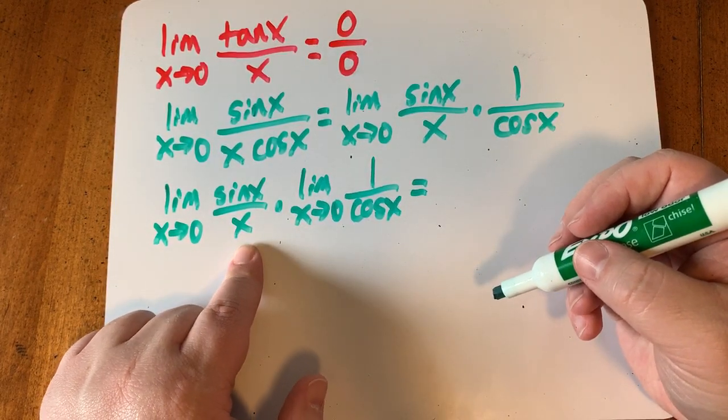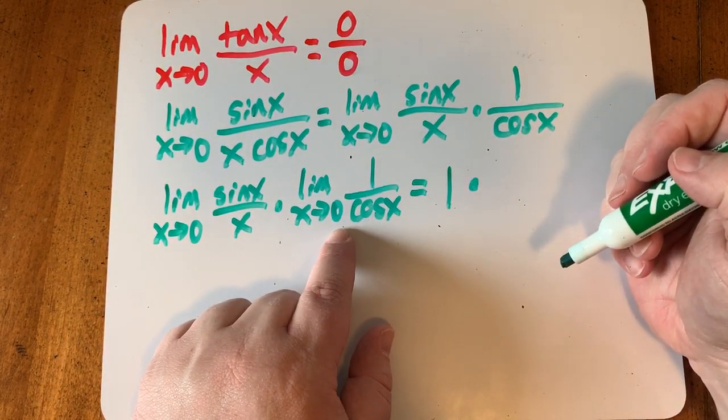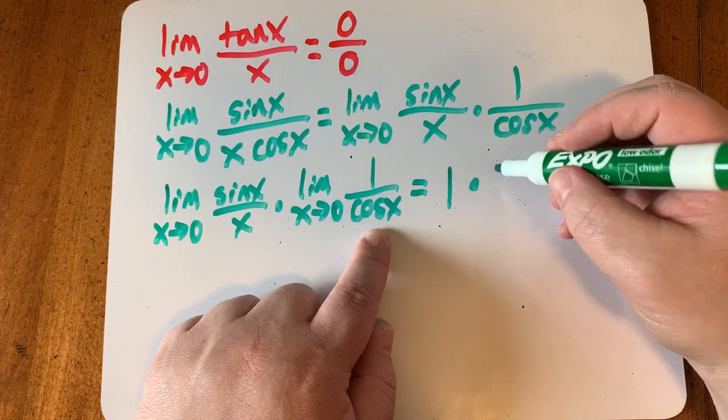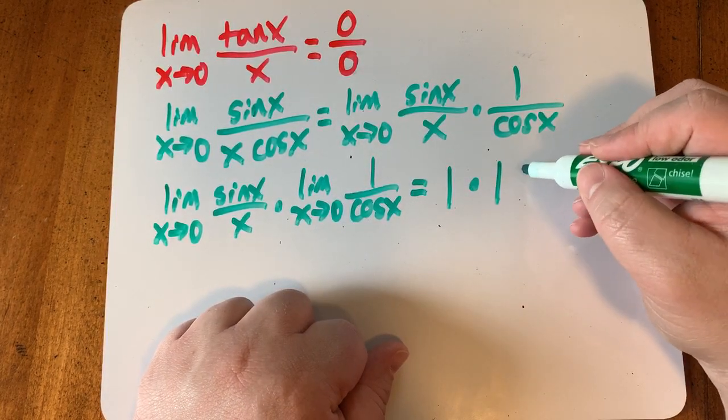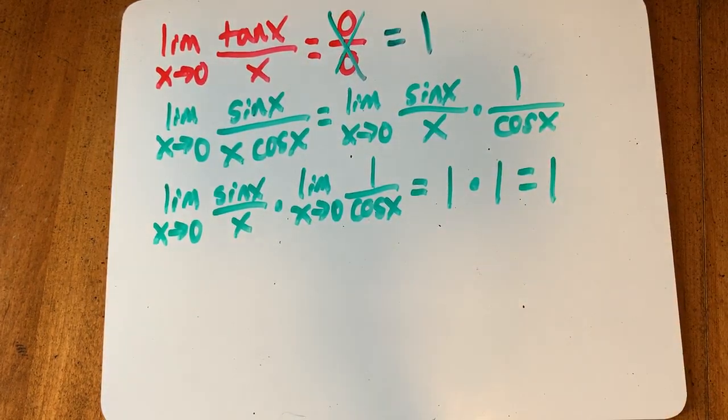Well, we know the limit as x approaches 0 of sine of x over x, that's 1. And if we plug 0 into here, cosine of 0 is 1. 1 divided by 1 is 1. So this one is just 1. So if we encounter limits with sine, cosine, or tangent that produce these indeterminate forms, 0 over 0, we can manipulate it using these 3 rules.